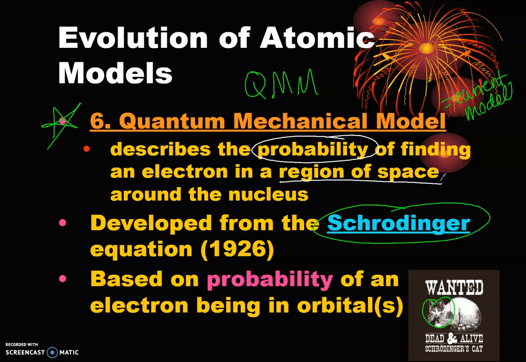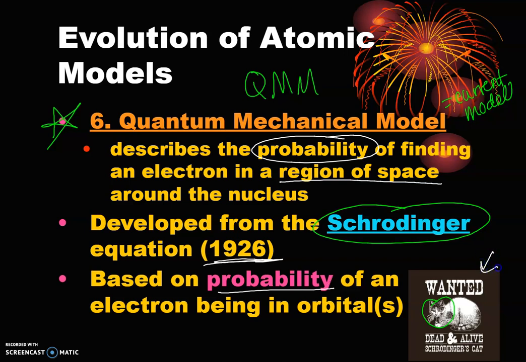Okay, so somewhere within an orbital. All right, and this was developed with Schrödinger's equation in 1926. It's all based on the probability of being able to be located somewhere in the atom. Okay, and that's what we're going to use for our current model.